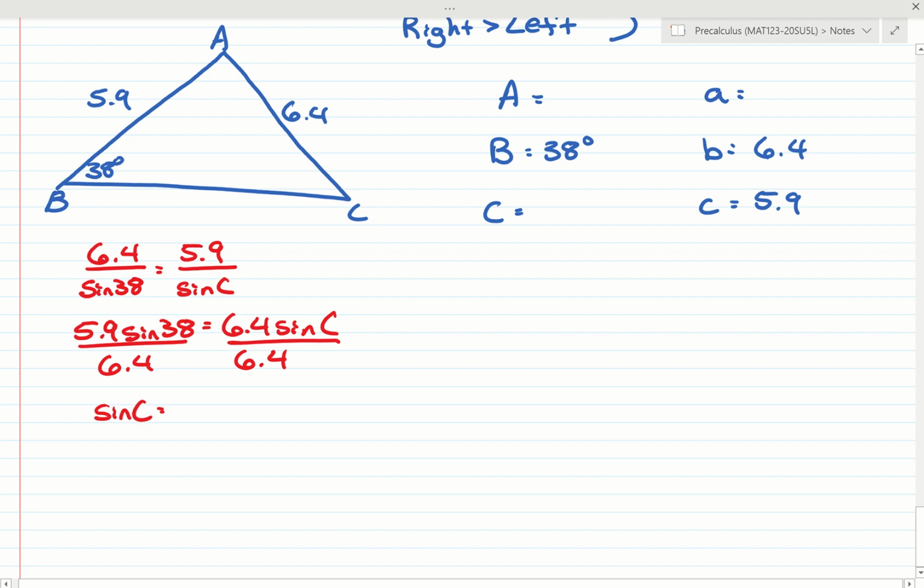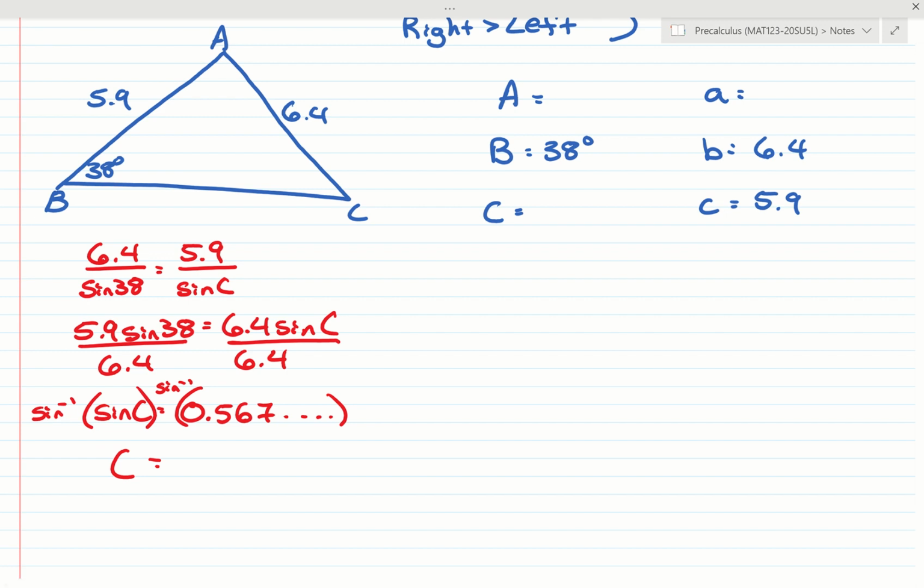And we get 5.9 times the sine of 38 divided by 6.4 is equal to 0.567 whatever. Taking the inverse sine of both sides, on your calculator what you would do is hit inverse sine and then second negative button to get back the exact answer the calculator just did.